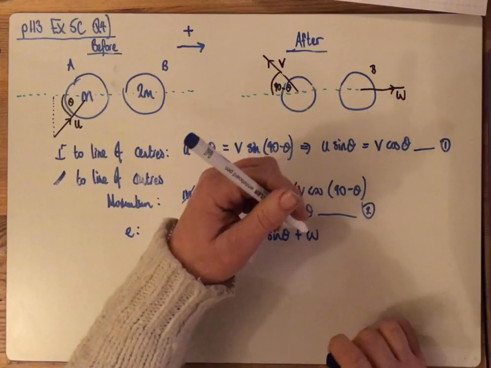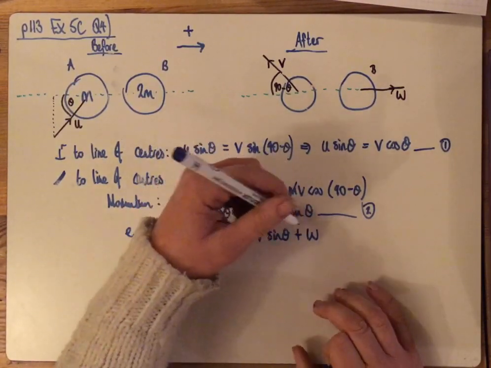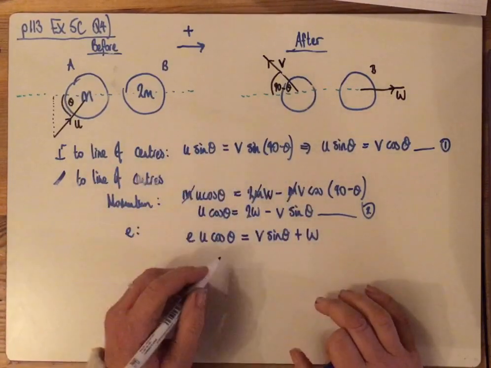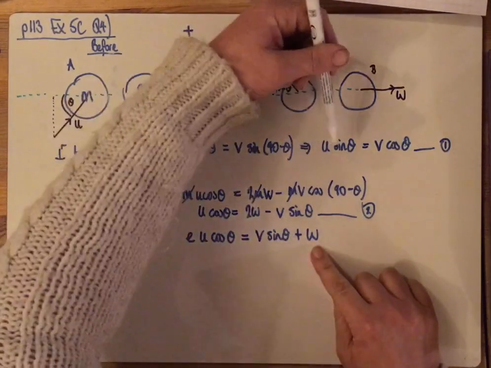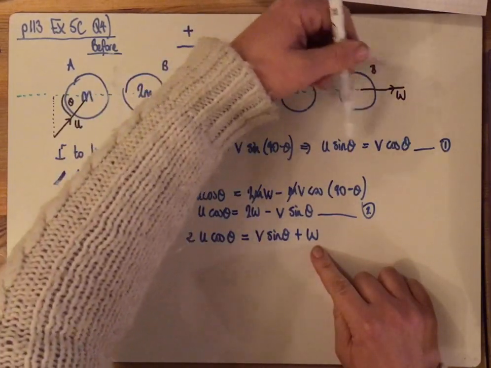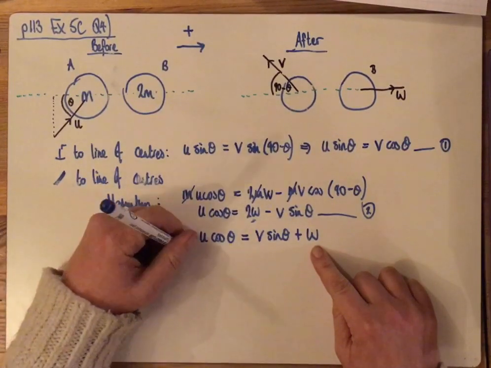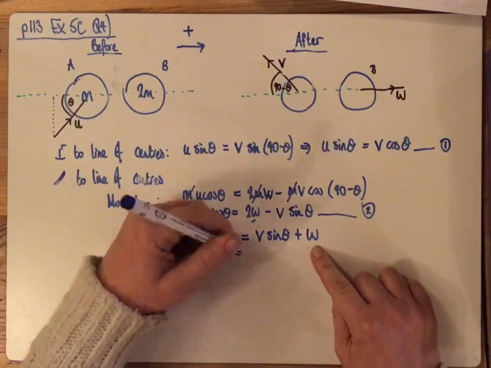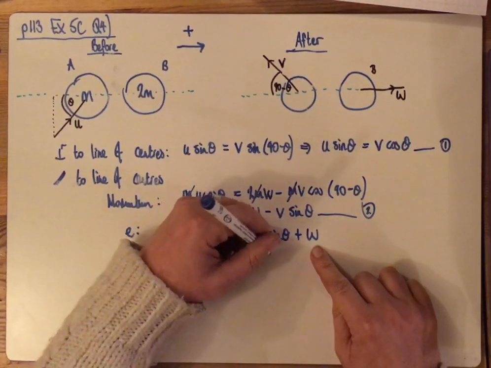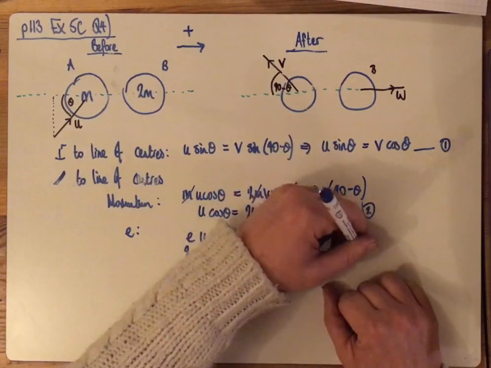And that gives me my third equation. I want to get rid of these w's to start with, because this one's linking u and v, so I'm going to times the momentum equation through by 2 and call that equation 3.